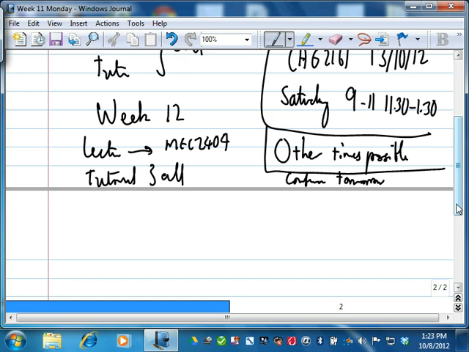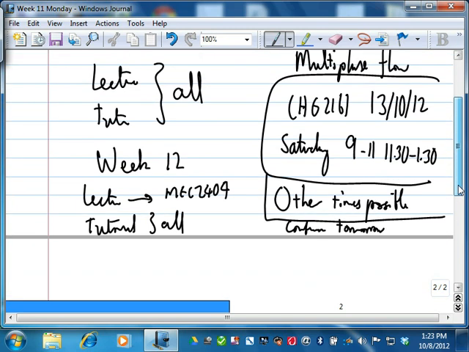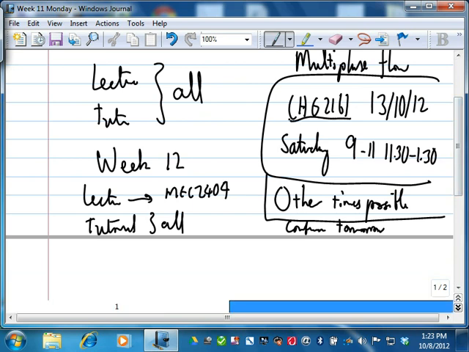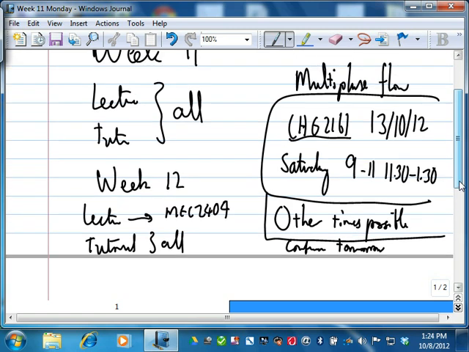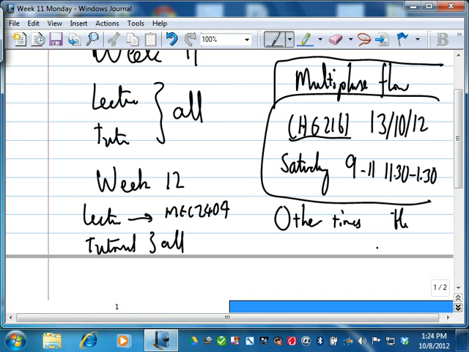If you cannot find another time, talk to your class rep for those doing CHE 2161. If you cannot find another time, then we just do it on Saturday. If you can, come and discuss with me. Talk to your class rep, then your class rep talks to me. We can find a time when everybody can do it. As I said, confirm tomorrow.